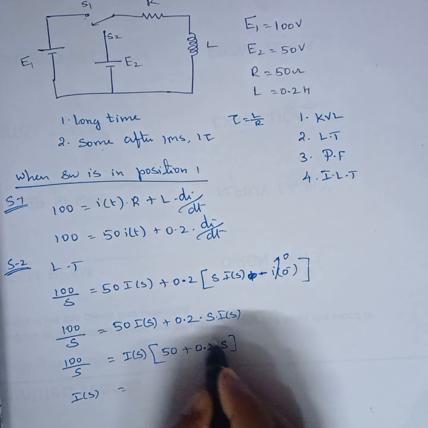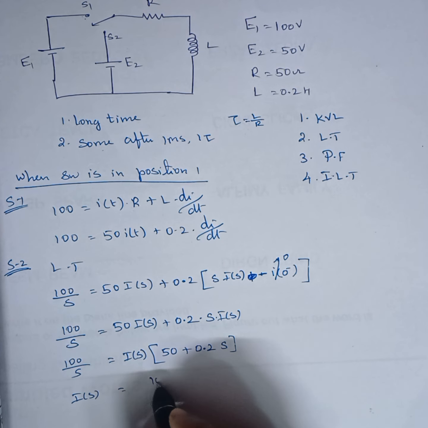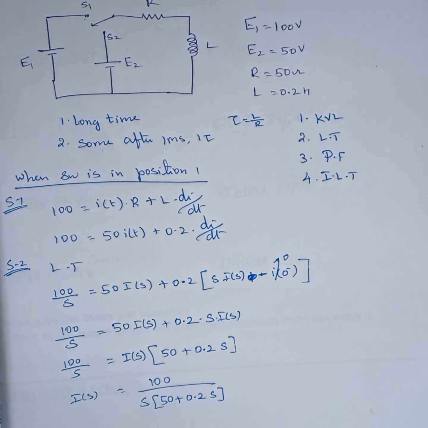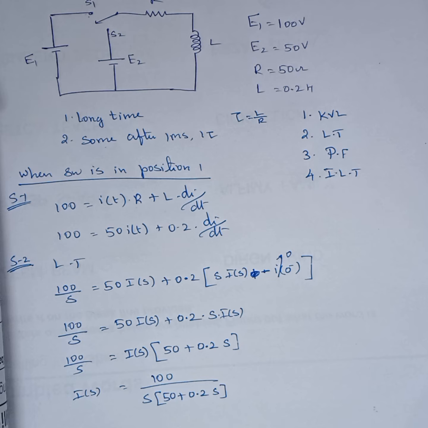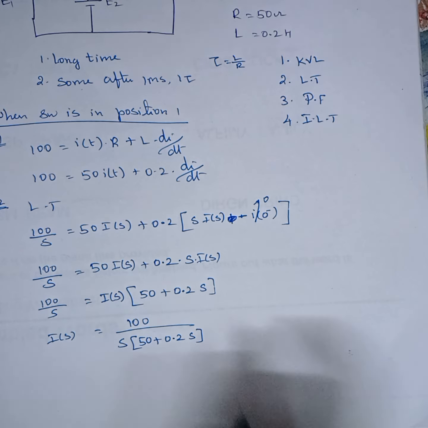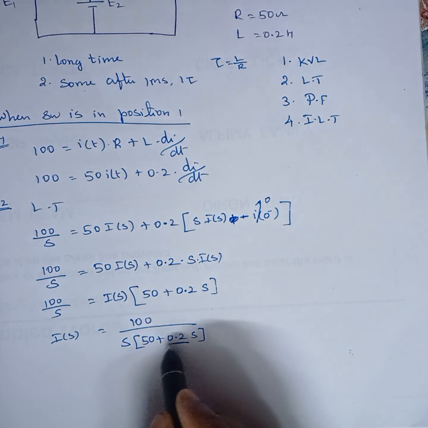So the multiplication will come here as division. So 100 by s divided by 50 plus 0.2 s. We have to keep one thing in mind: whatever you are taking now should be in s plus a format. So the coefficient of s should be taken out. Here the coefficient of s is 0.2.